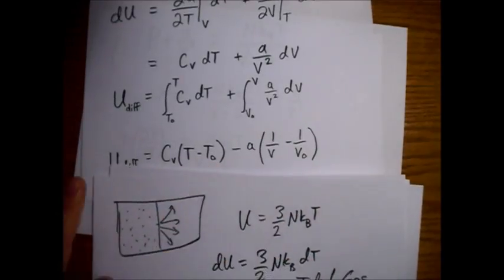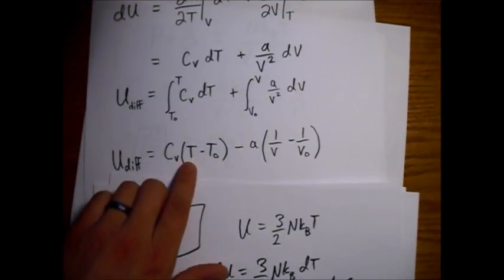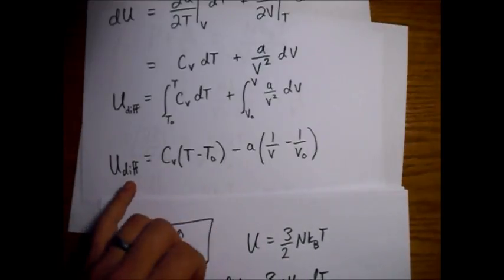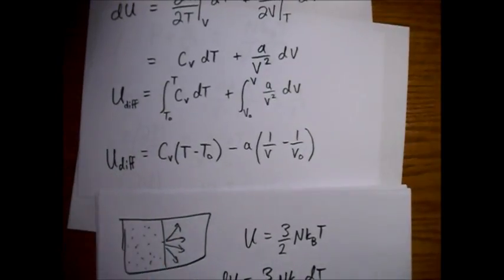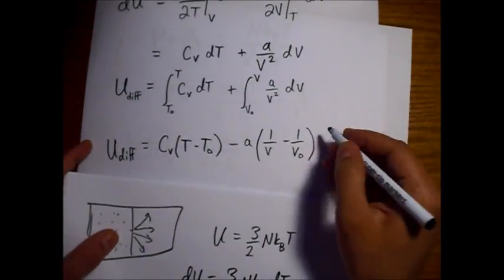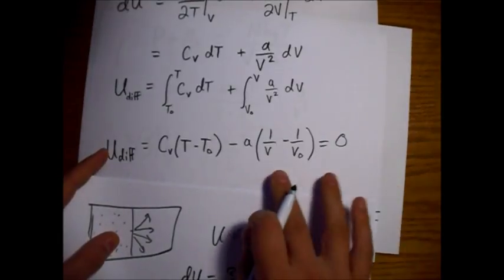All right. So if we call the reference temperature the one before the free expansion, and this T and V that we're looking at is after the free expansion, there's going to be no difference in the internal energy between those two. Again, no heat, no work. Basically, when we look at free expansion, this is equal to 0 right here.